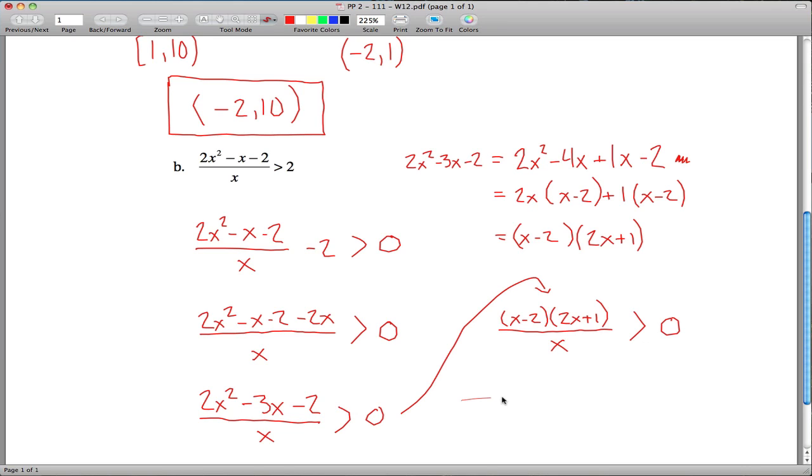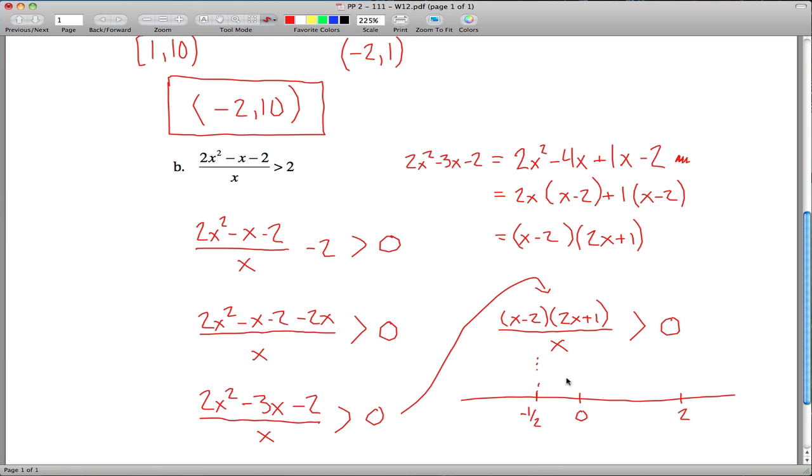And I think the best way to do this is to kind of make a number line and think about your critical points. So this is 0 when x equals 0. This is 0 when x equals 2. And this is 0 when x equals, what, -1/2 if you solve that out? Something like that.